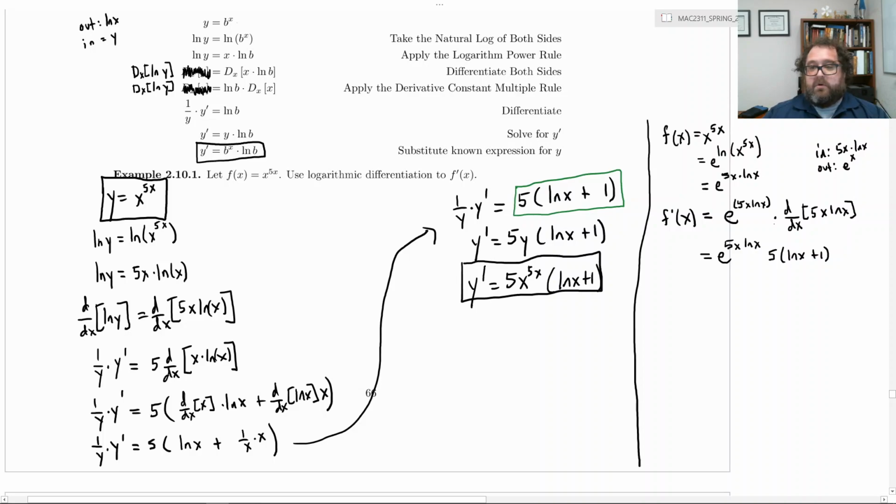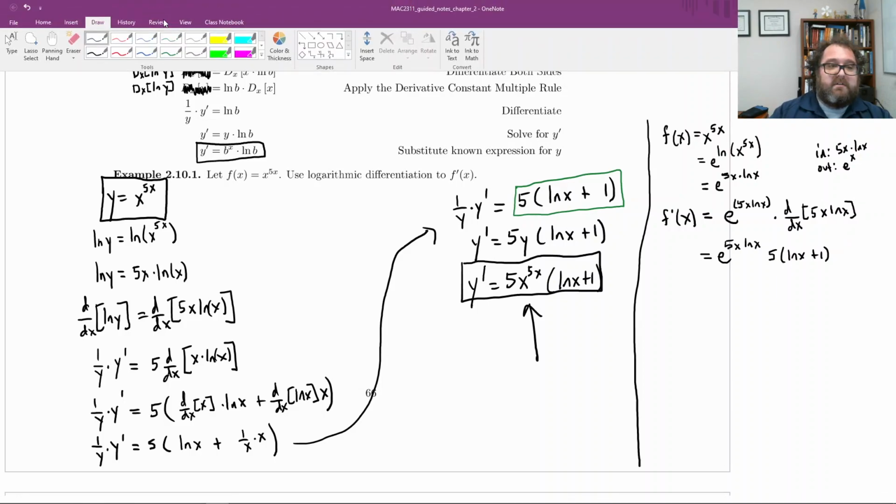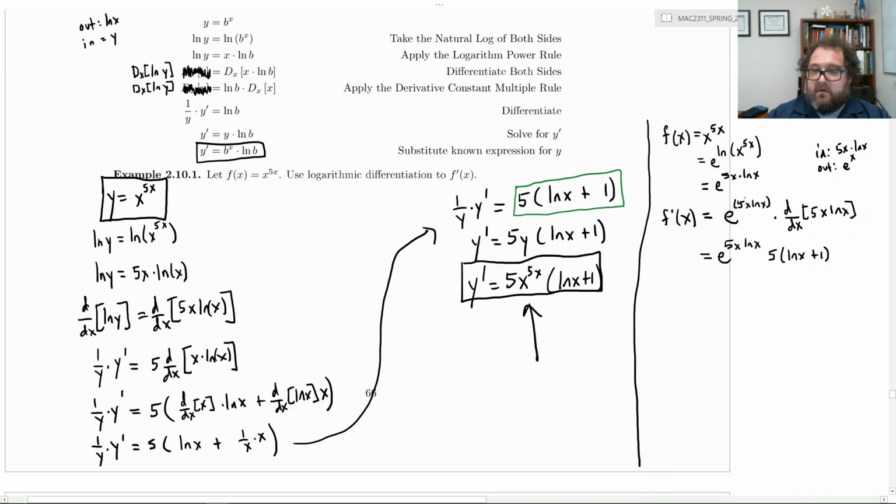Now, we're done, according to the chain rule, but it's not simplified. Now, you might say, I know my answer is supposed to be this, so does my new answer match? And it does completely. Why? Because remember, what does e to the 5x times natural log x equal? It equals x to the 5x.